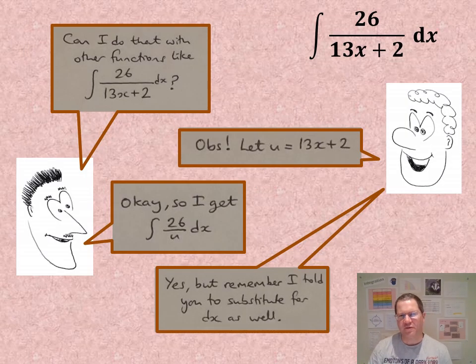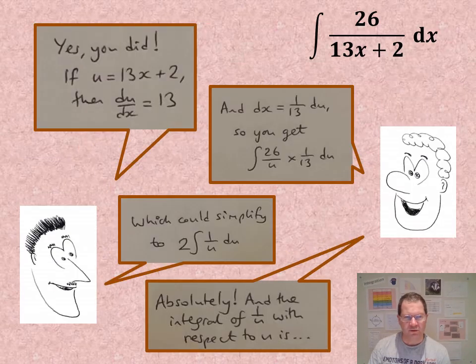Can I do that with other functions, like the integral of 26 over 13x + 2 dx? Let u = 13x + 2. Okay, so I get the integral of 26 over u dx. Yes, but remember I told you to substitute for dx as well. Yes, you did.